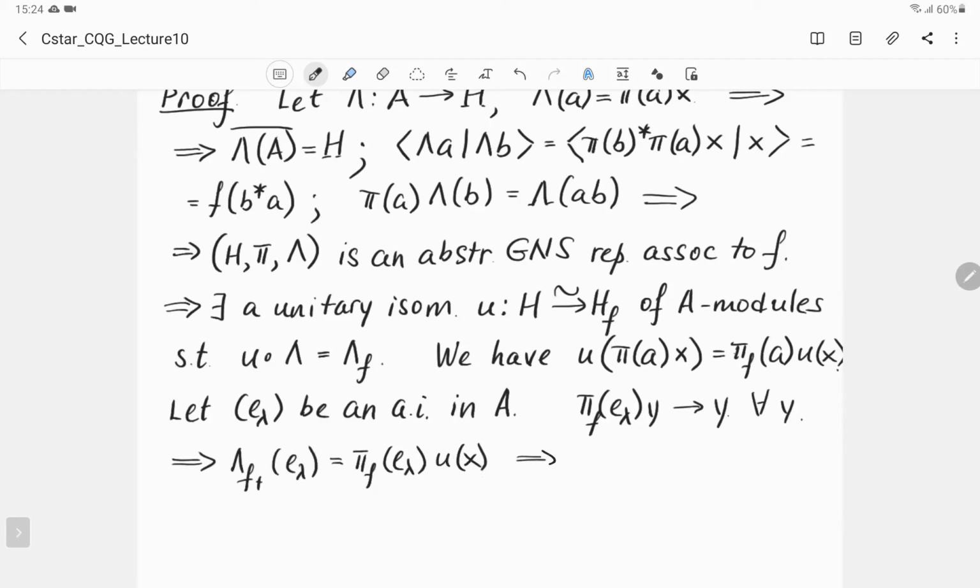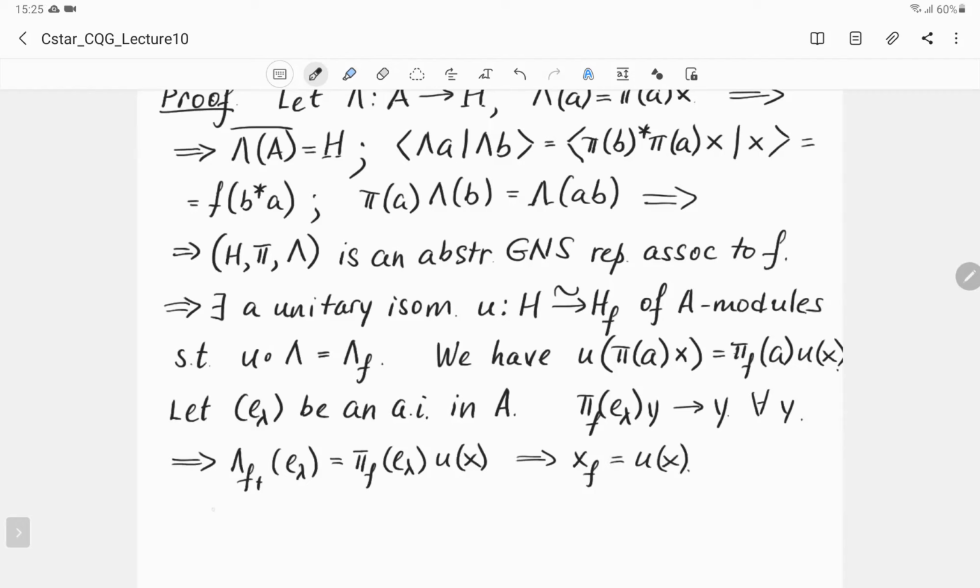And after we take the limit here, we know that lambda f plus of E lambda goes to xf. This is just a construction of xf. And pi f of E lambda applied to U of x goes to U of x. And that's it. So U takes x to xf.